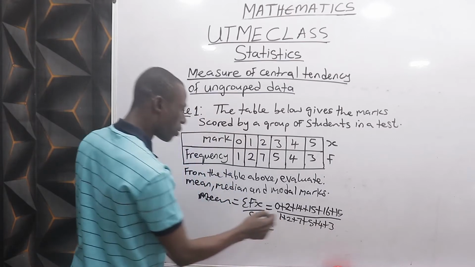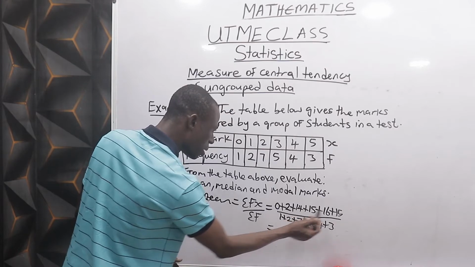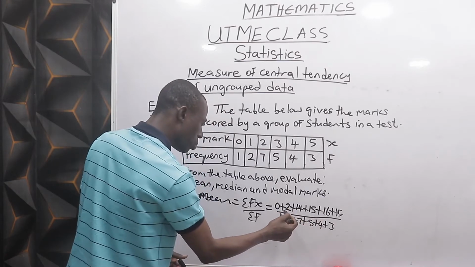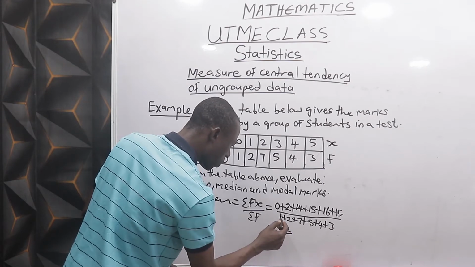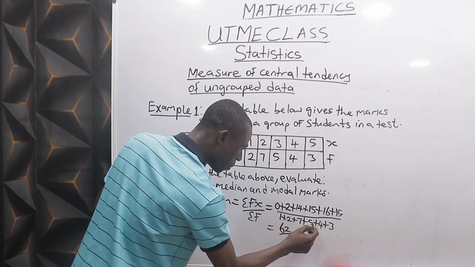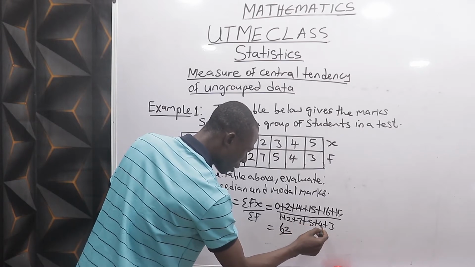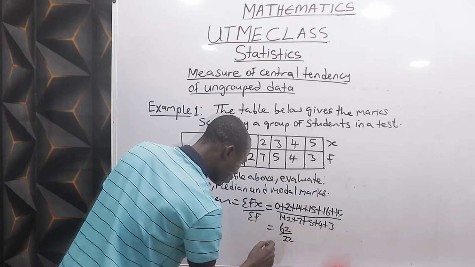And this gives us 15 plus 15 is 30, 16 plus 14 is 30, 30 plus 30 is 60 plus 2, that's 62. We have 62 divided by 1 plus 2 plus 7, that's 10, 9, that's 19, plus 3, that's 22. We have 22.